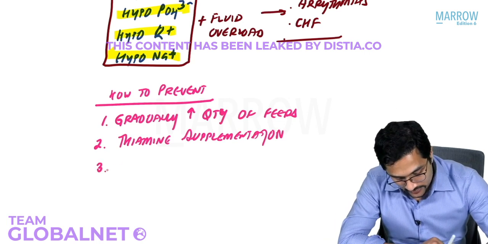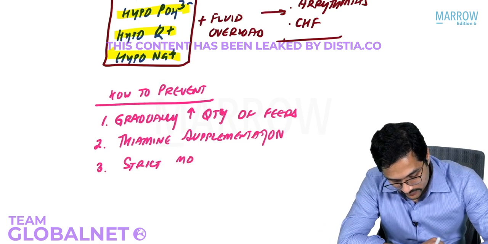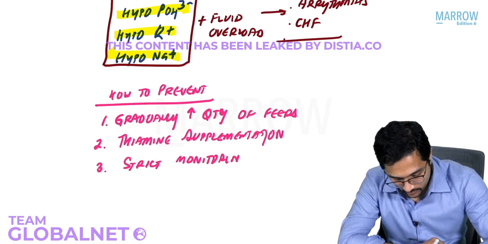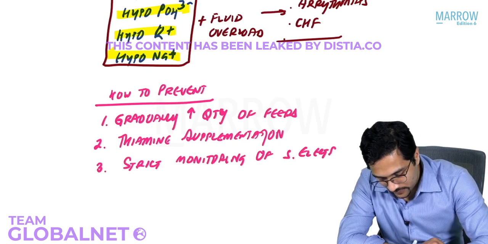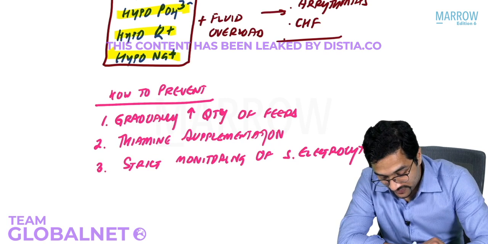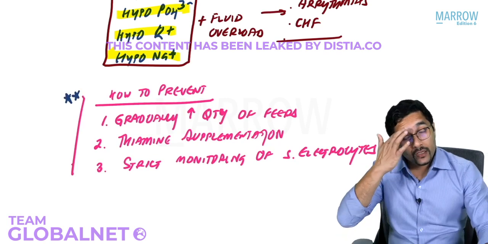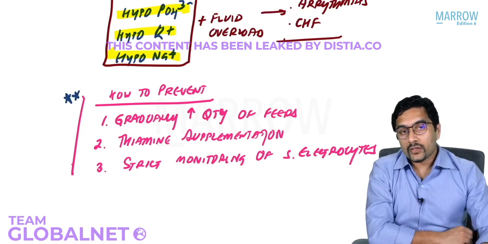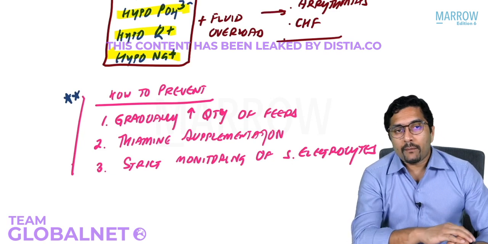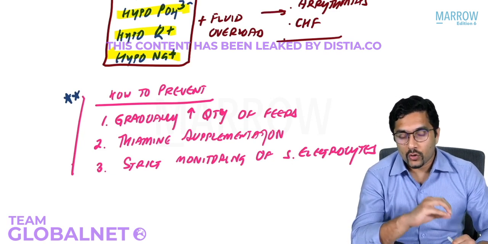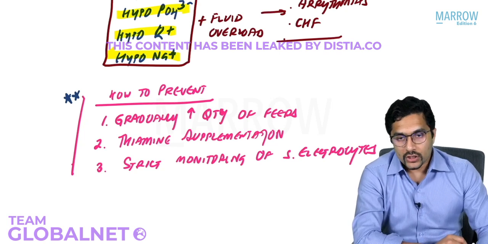And number 3, strict monitoring of electrolytes. These are the 3 methods by which we can prevent refeeding syndrome. These 3 methods have been asked multiple times in the exam, including the DNB exam 3 or 4 years back. So these are the various complications of TPN which you should know about. Complications of TPN is also a short note for your college exams.